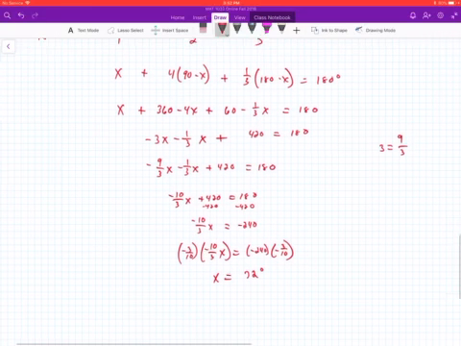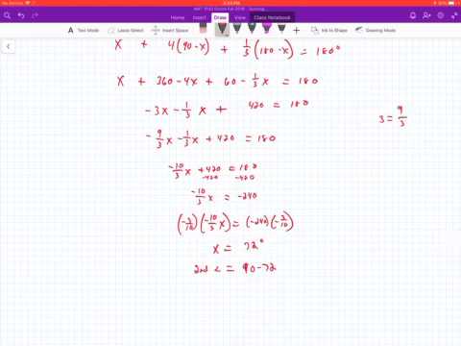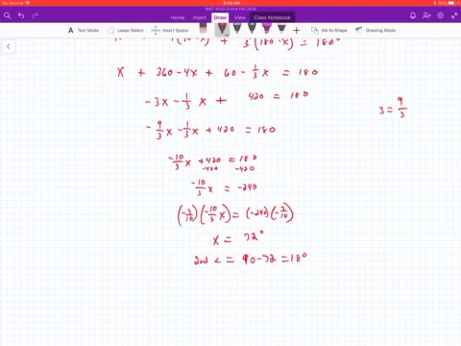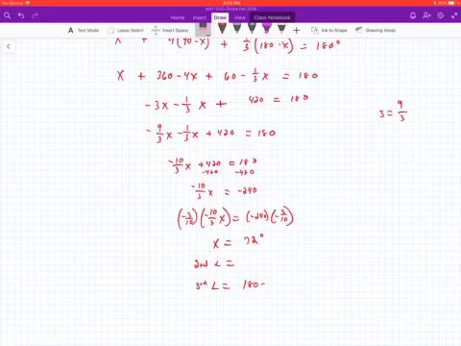Now, we named angle 1, angle 2, and angle 3. The second angle is 4 times the complement, so it's 4 times 90 minus 72.